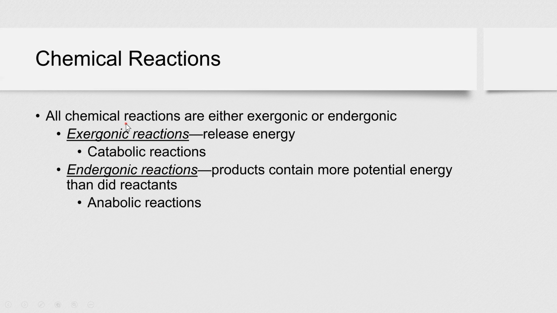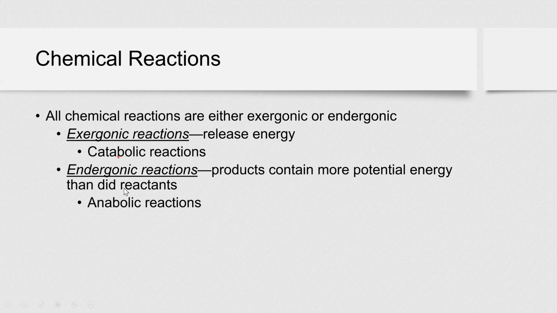In a chemical reaction, you either release energy when you form a product, or you consume energy and store it within your product. In biology, an exergonic reaction has another name, catabolic reaction. So catabolic reactions are exergonic, and endergonic reactions are anabolic reactions. So anabolic reactions are endergonic.